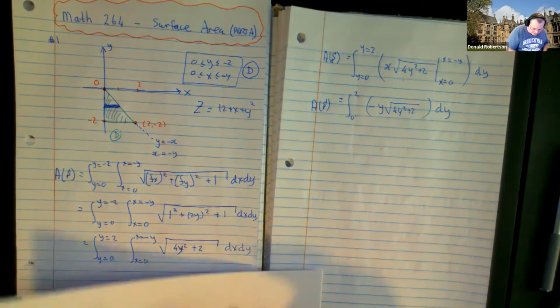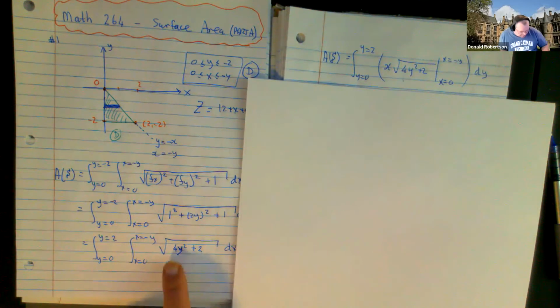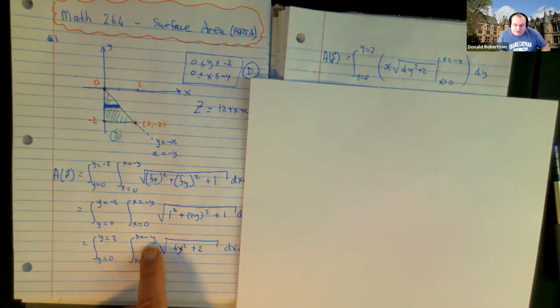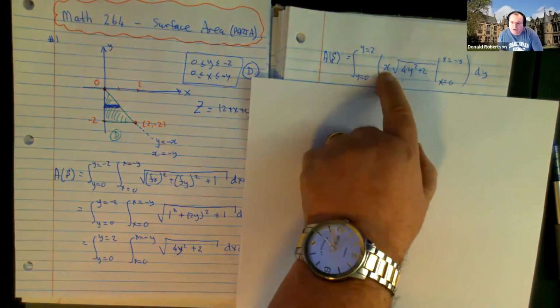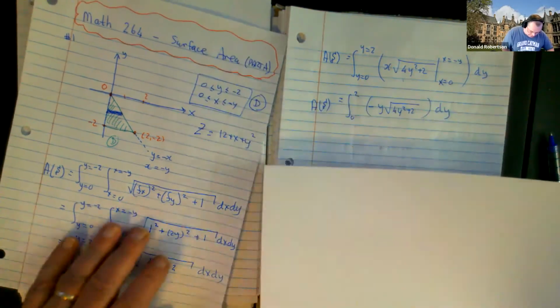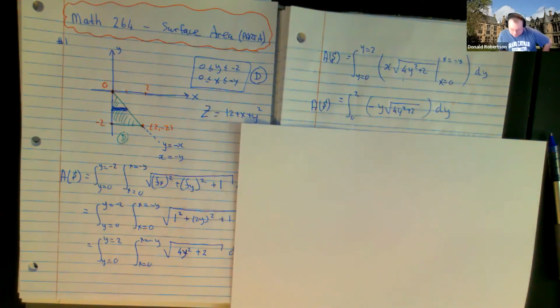So if we now move over to here, if you integrate this with respect to x, you essentially just add an x here. You then evaluate at x equals negative y, and then you evaluate at x equals 0. And when you do that, you essentially get that.